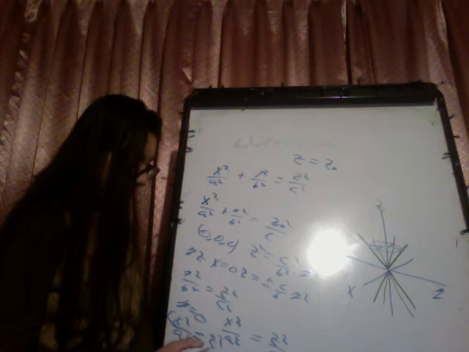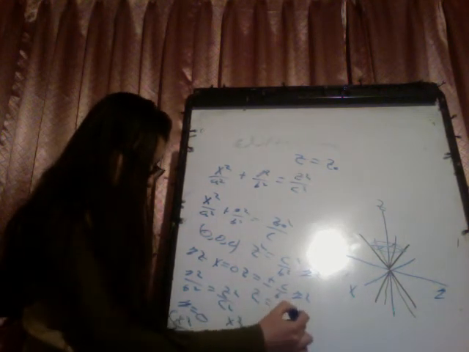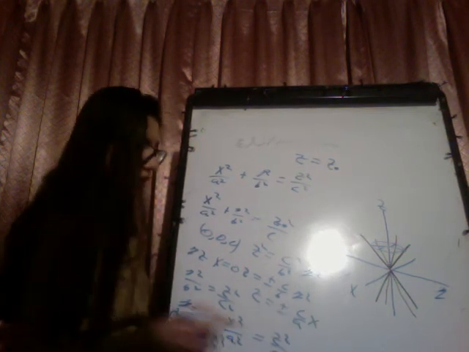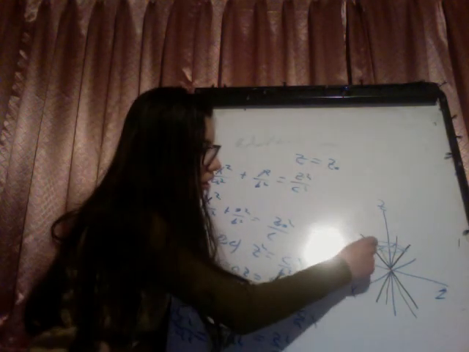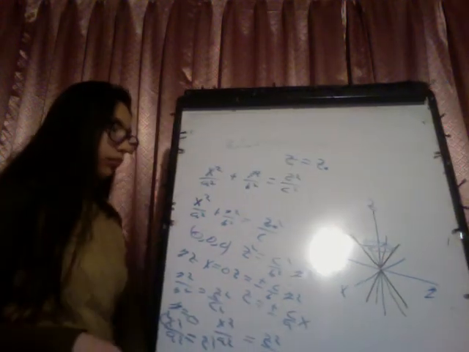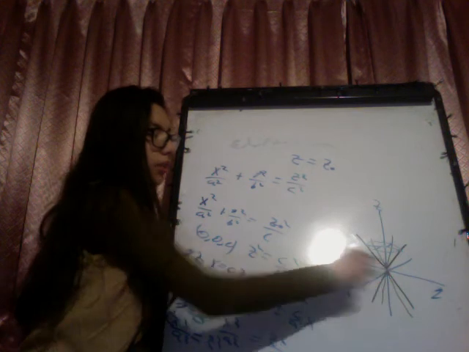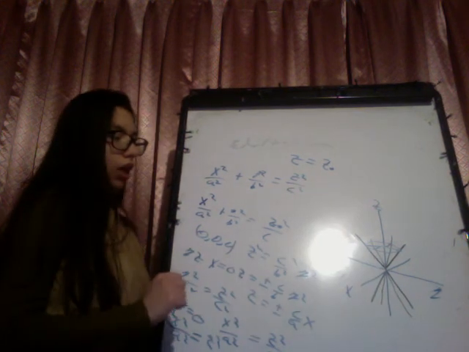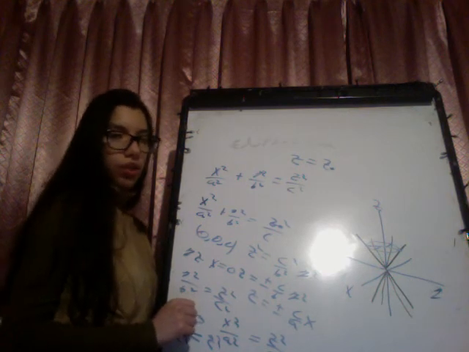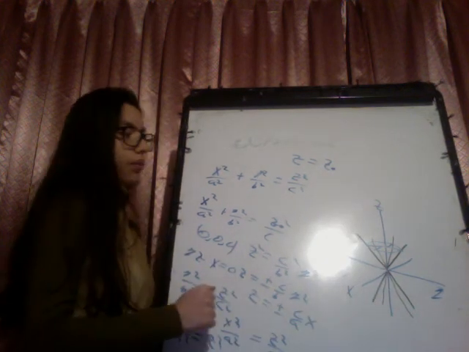You take the root, and now you have z equals plus or minus c over a times x. So now you will see these thin black lines. So when you do horizontal cross sections, you have ellipses, except at the origin, and when you do vertical cross sections, in the yz plane or in the xz plane, you have lines.